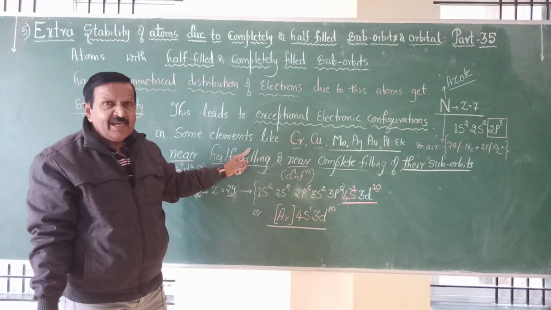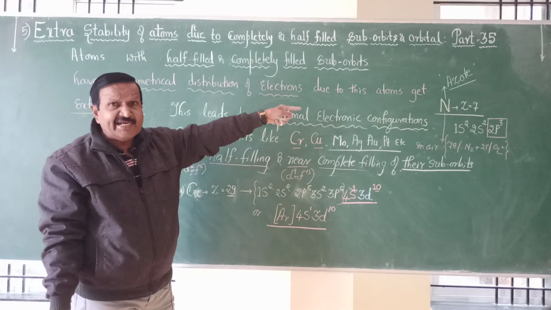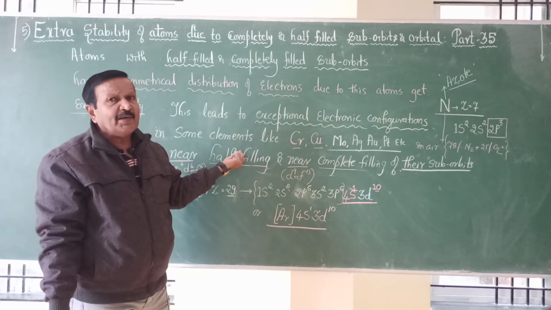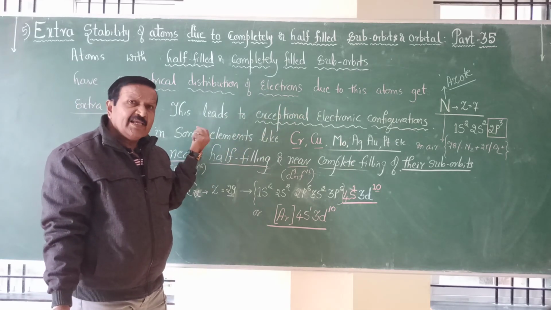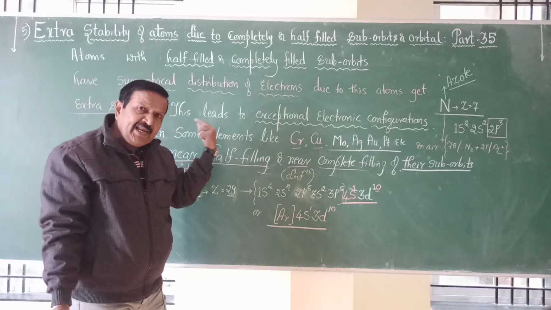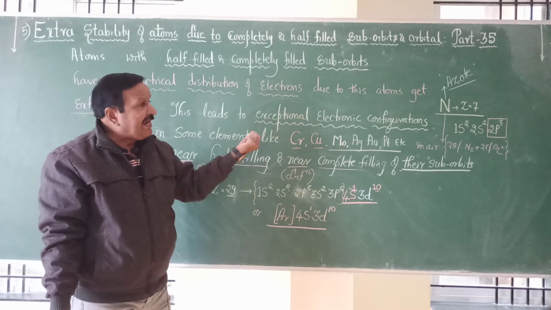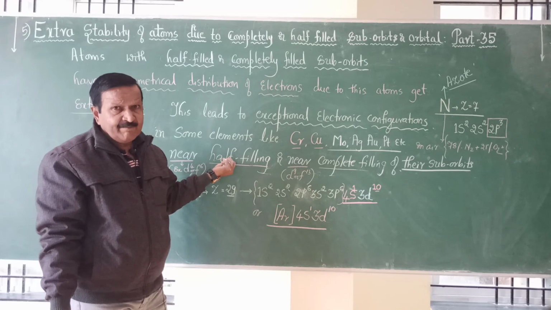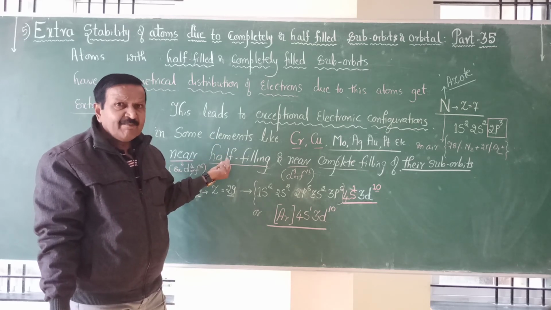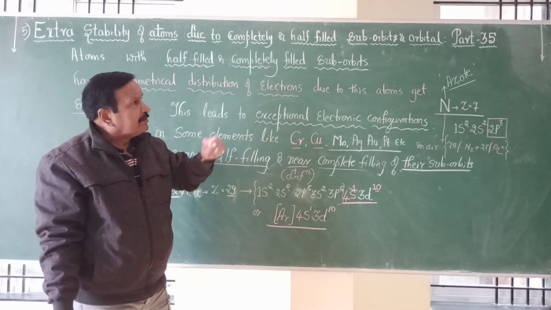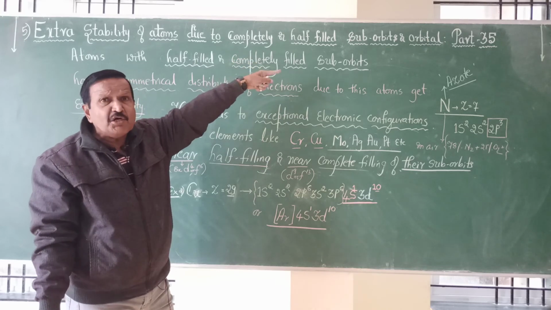In case of d, half is 5, they go singly, and the sixth electron will pair. In case of f orbitals, 7 electrons go singly and the 8th electron will pair. This you have to remember in your mind. In addition to this, you have to remember exchange energy.